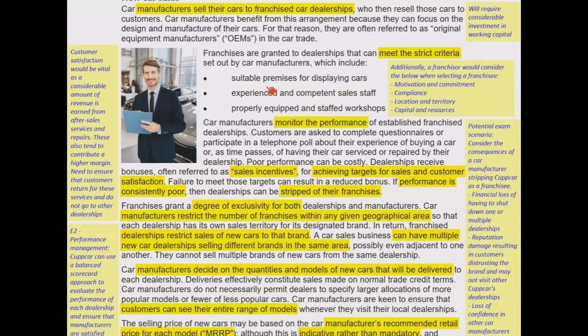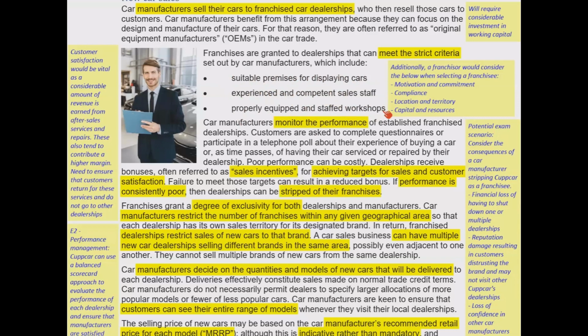So the manufacturer says the dealer's got to have premises suitable for displaying the cars, experienced and competent sales staff, and properly equipped and staffed workshops. Now, that is all therefore about what Cuppcar is going to have to make sure they are doing. And it's going to be very important to make sure that the dealer like Cuppcar does make sure they're doing these things.